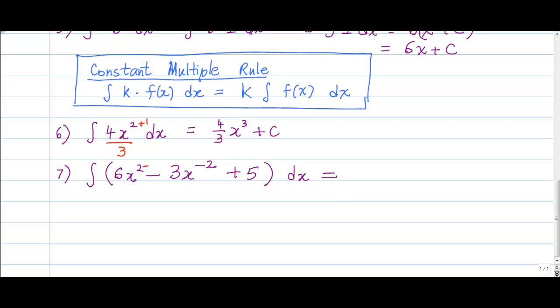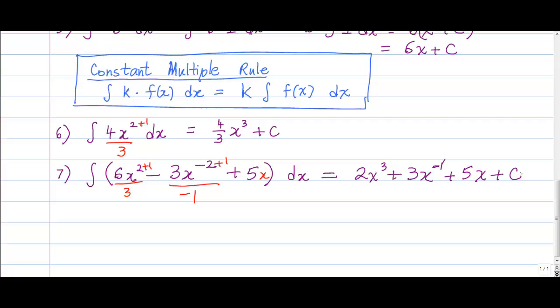I'm going to add 1, divide by the new exponent. Again, add 1, negative 2 plus 1 is negative 1, and then here put an x. So that gives me what? 6 x to the third over 3 is 2 x to the third, plus negative 3 over negative 1 gives me positive 3 x to the negative 1, plus 5x, and then don't forget the plus c.